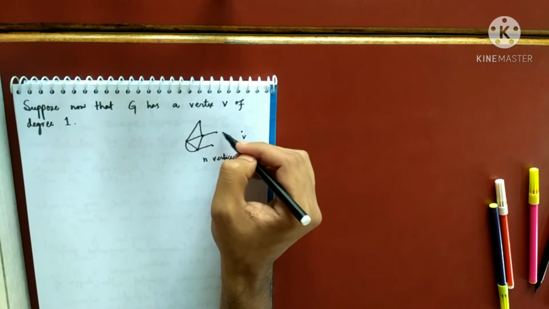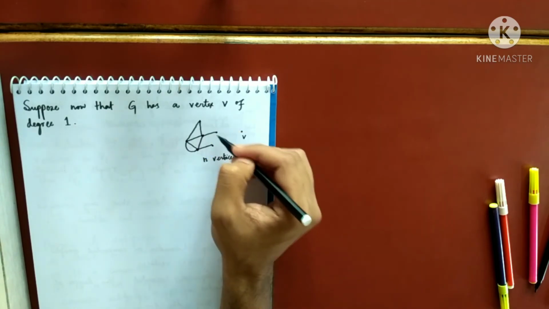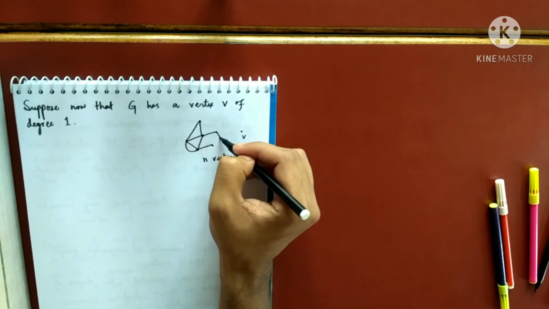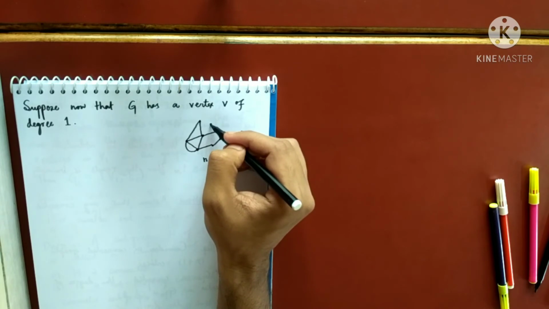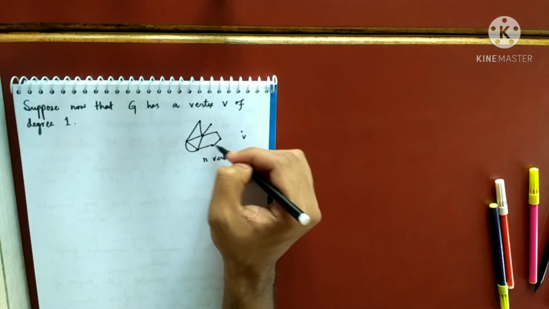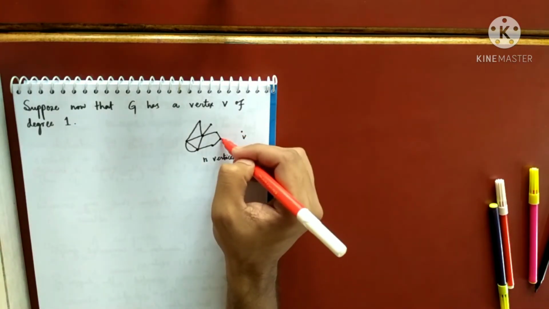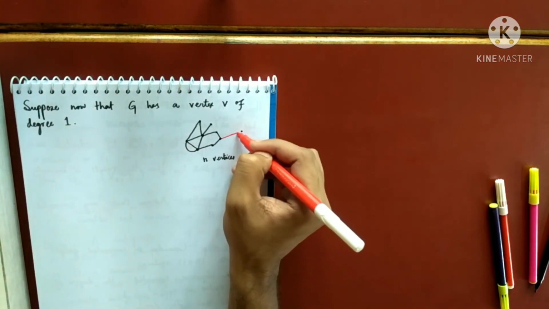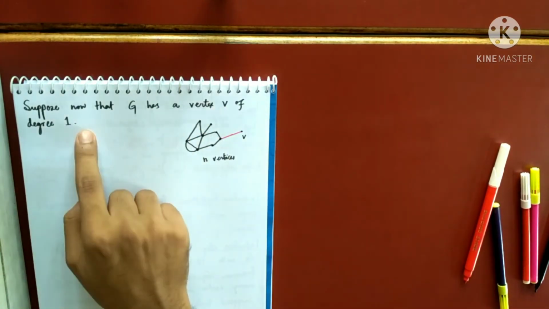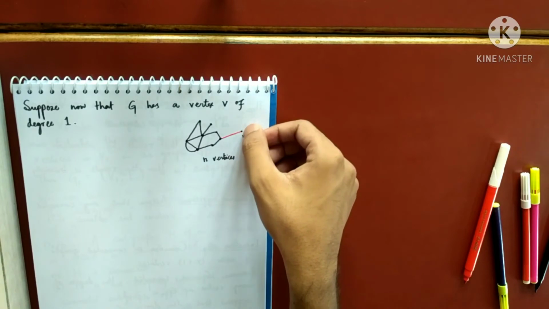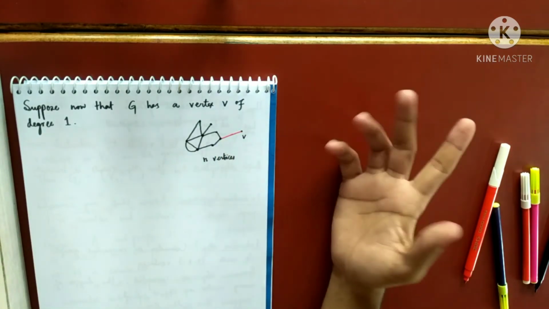And the degree of this vertex V is 1. Because the degree of V is 1, only one edge can be incident to V. So V has got only degree 1, so only one edge can be incident to it.